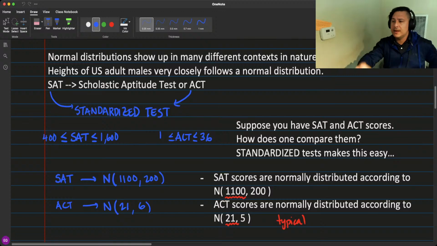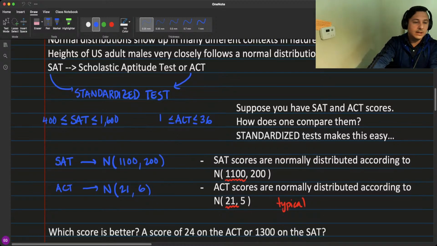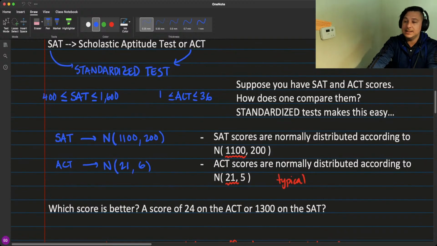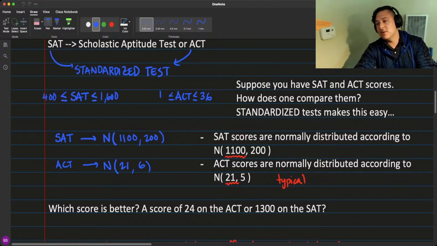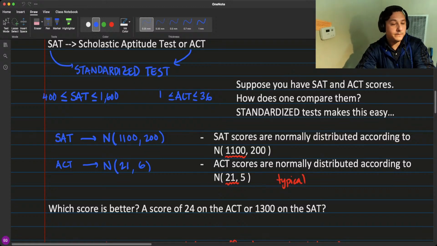The SAT is normally distributed, with a typical score of 1100, and the ACT, another standardized test, has a typical score of 21. If you get a 1300 on the SAT or a 24 on the ACT, which one is better? You can't just say 1300 is bigger than 24. That would make no sense. You need to put them both into a place where you can make a common comparison.